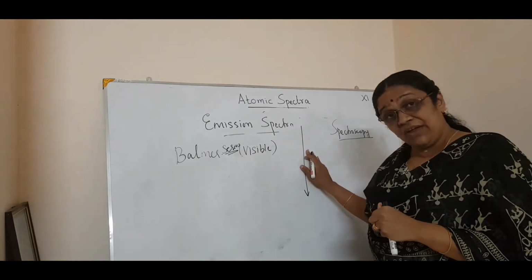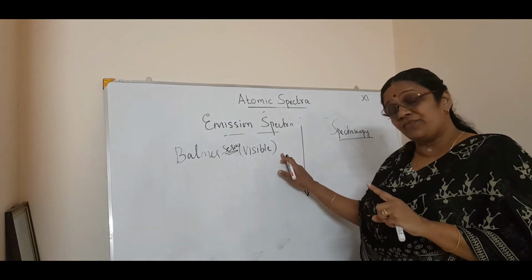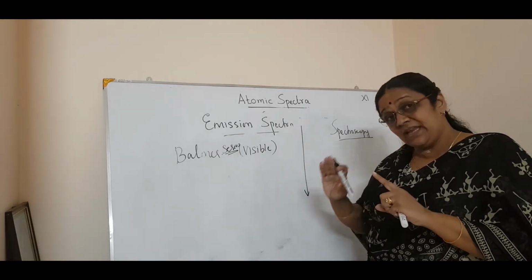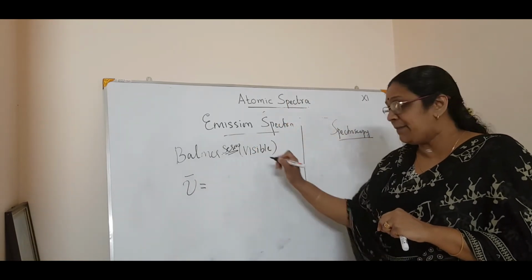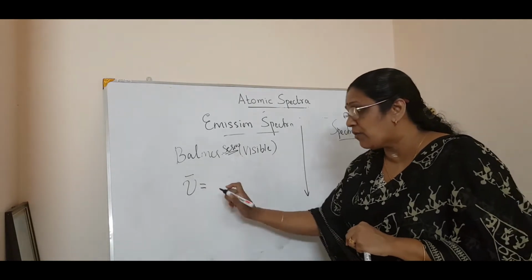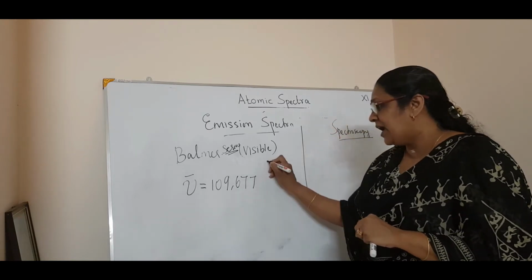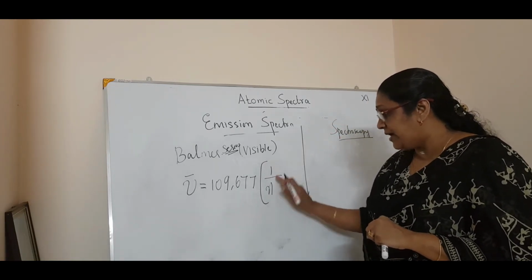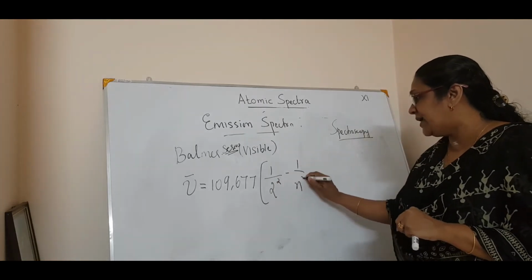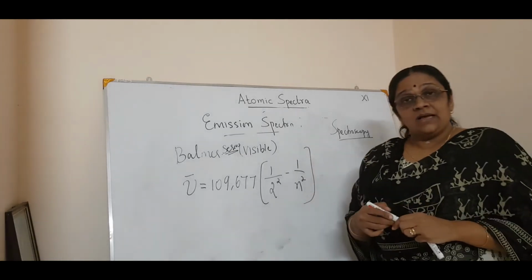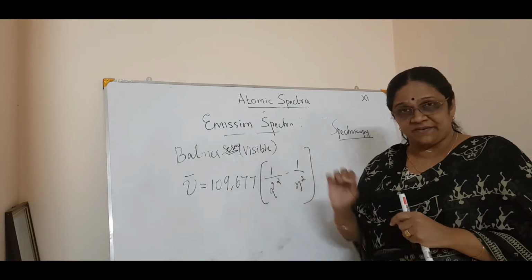So the wave number. You know what is wave number? Yes, 1 by lambda. Correct. So the wave number of this line, he experimentally found to be nu bar is equal to 109,677 into 1 by 2 square minus 1 by n square. Listen carefully. I said there are so many spectral lines in the atomic spectrum.